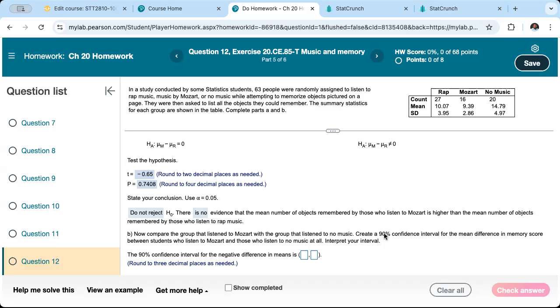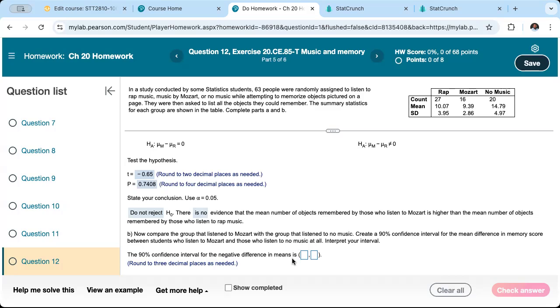So this is the 90% confidence interval for the negative difference in the means. I know for Mozart, n1 is 16, x bar 1 is 9.39, s1 is 2.86.